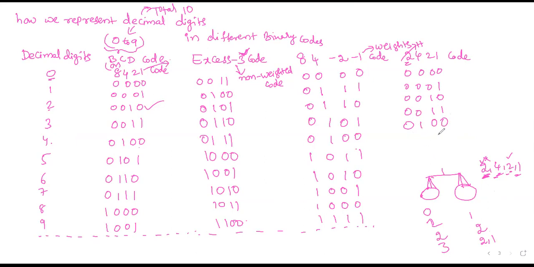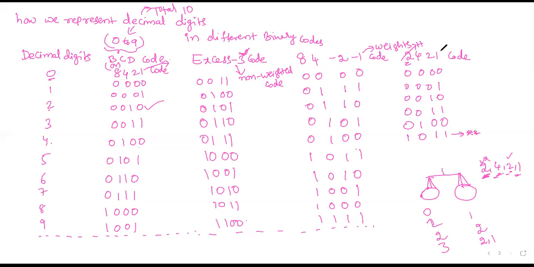Next, 5. 5 means 4 and 1. Keep this top mark. I will explain this one later. Next, 6.